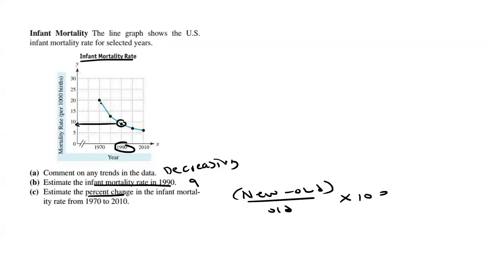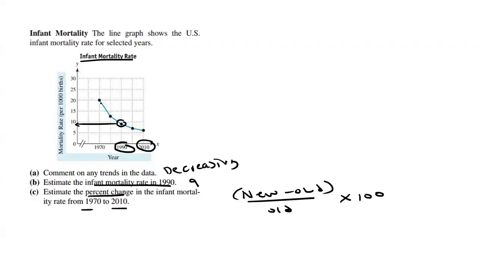That tells us we need to do that first. And then whatever result we get, we multiply by 100 to get the percent change. So we're looking at the percent change from 1970 to 2010, and we're looking at the y-axis, because we're looking at the rate.